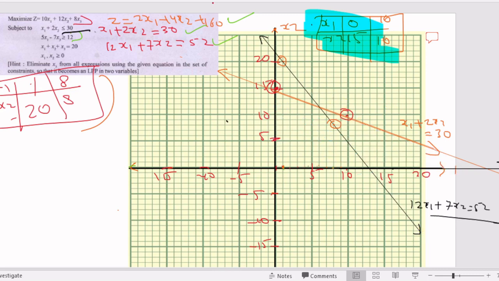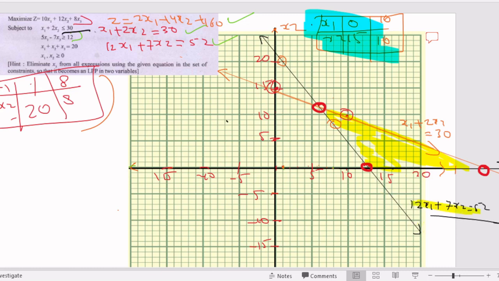So what are the different points of this feasible region? This one, and this one. You need to find the coordinates of this feasible region, all 3 points. Coordinate of this point, how will we get that? This is coming on which equation? This equation.